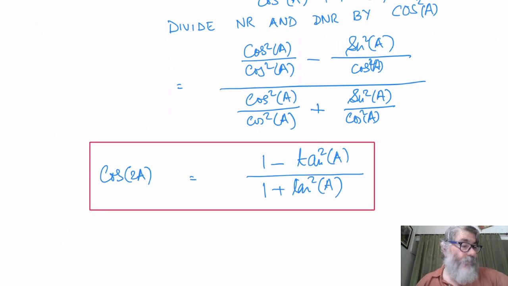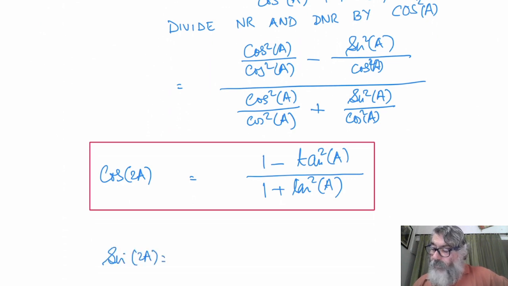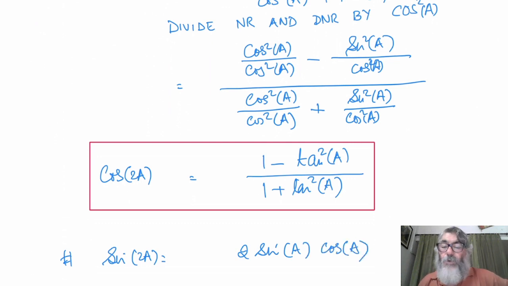Similarly, let us see what we can do with sin 2A. Sin 2A is 2 sin A cos A. Like we divided the whole thing in the previous question by cos square A plus sin square A, we do the same thing here.